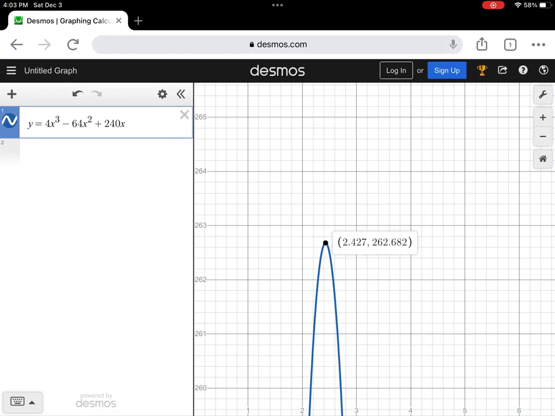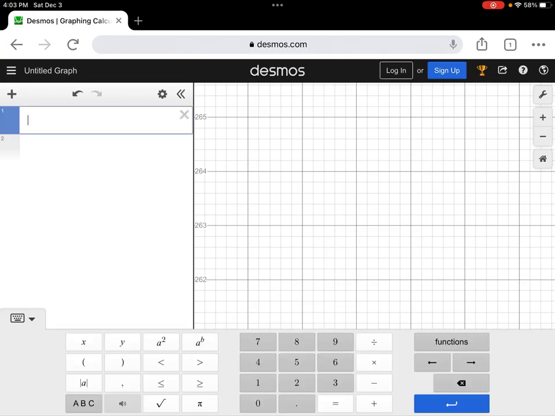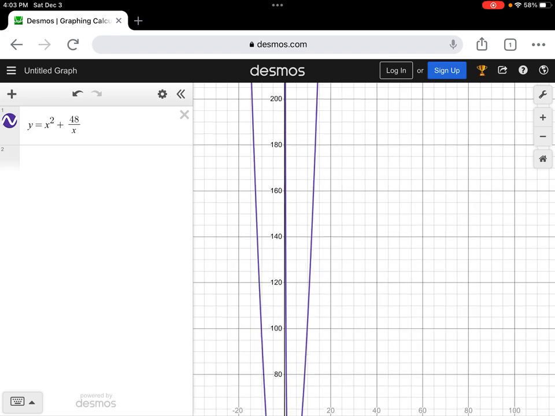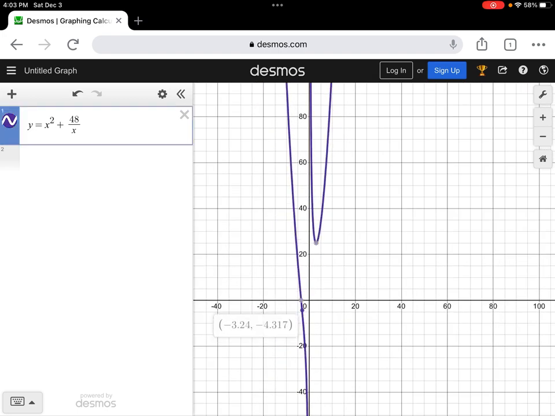So if we plug that in, see what this looks like. We have y equals x squared plus 48 divided by x. So we'll try to see where this does what we want.